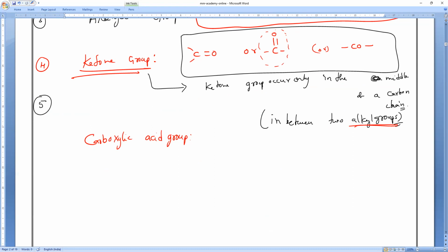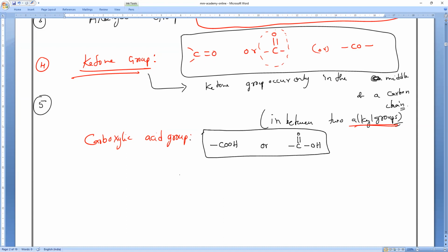Next, the carboxylic group is the fifth one. That is COOH, or we can say C, COH double bond O. This is what we call a carboxylic group, carboxylic acid. You can take any acid, methanoic acid, ethanoic acid, or whatever acids we have taken.